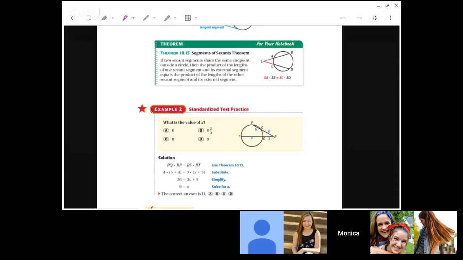So now let's talk about it in ways that you can understand better. We know that these two are secants, right? Because they go into the circle, through the circle, they touch it twice. They meet at a common external point, and this is just like number 4. You see where it meets at a common external point?